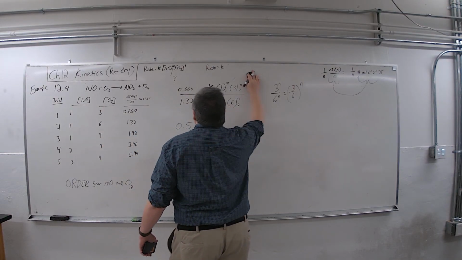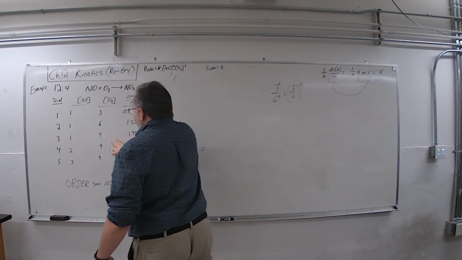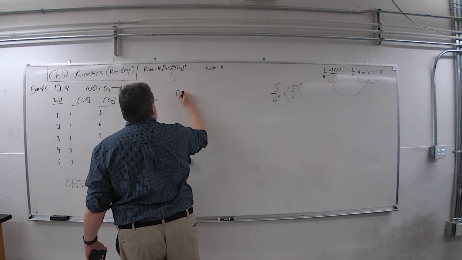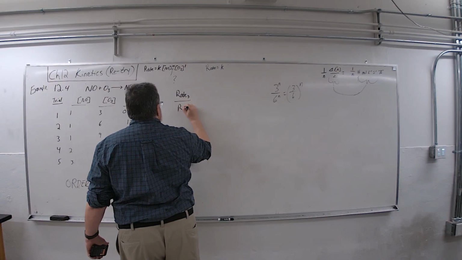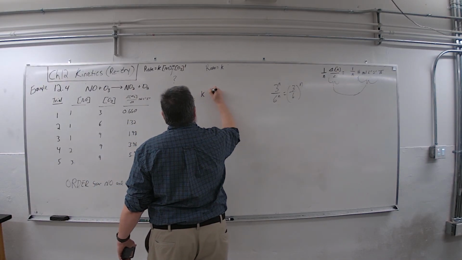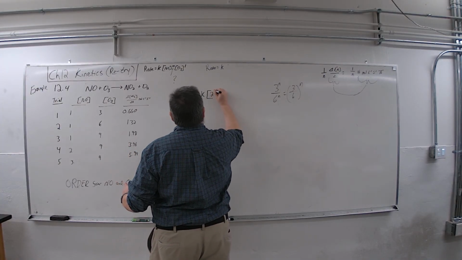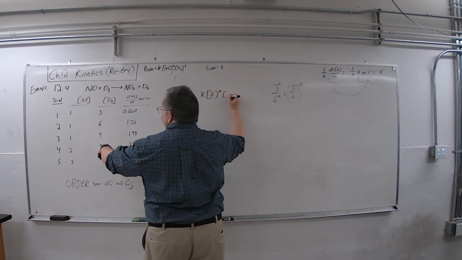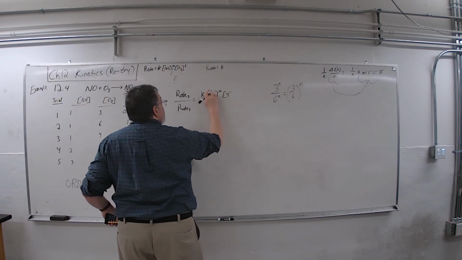And now we can do the other one. This time, let's pick one of these. Trial 3 and trial 4. Concentration of NO is 2 M, concentration of O3 is 9. Do it again.